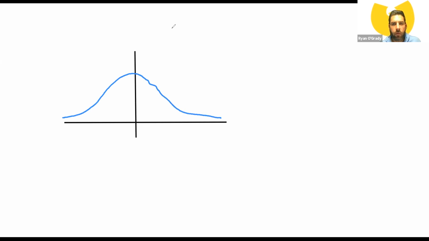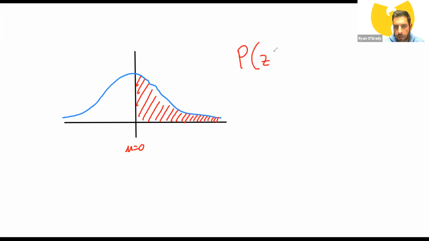A very cool thing is the following. Here we're going to say mu equals 0. If I compute everything bigger than 0, the probability that Z is greater than or equal to 0 is 1/2.